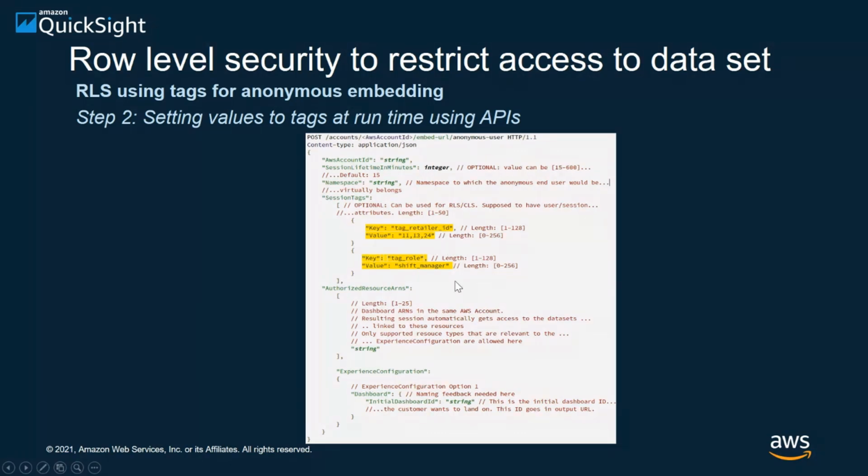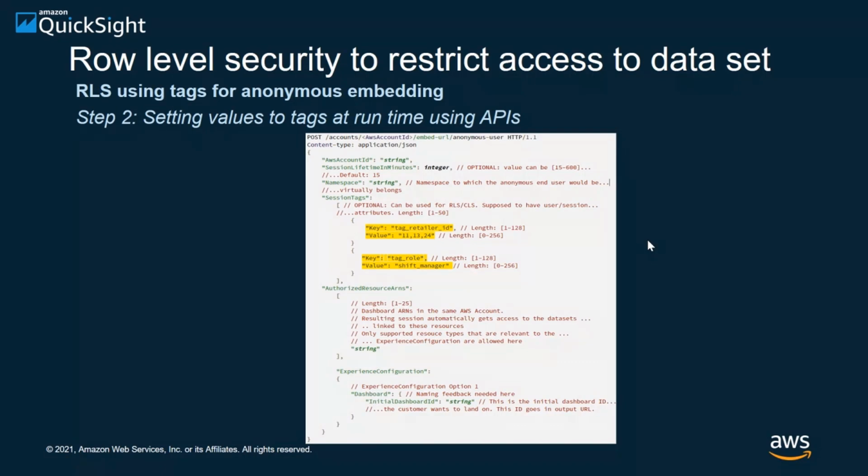And for the tag role, I'm passing the value shift manager. This makes your anonymous embedding very powerful because using anonymous embedding, you're able to embed dashboards for thousands of your users. And at the same time, you're able to secure your data based on the properties of the user who is accessing your dashboard at runtime.